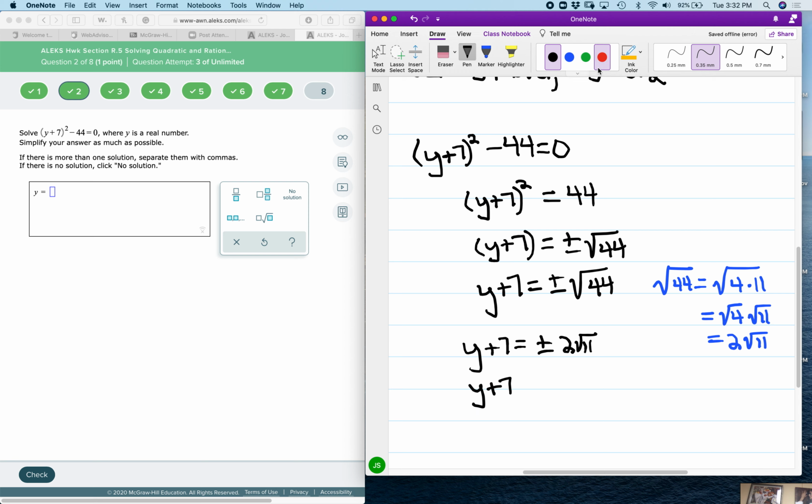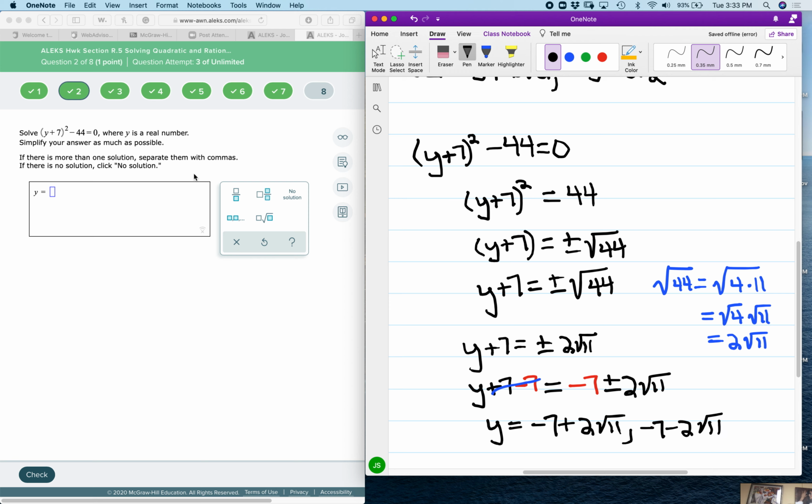So you have y plus 7, and subtracting 7 and placing it on the other side, I will have this position in front of the radicals. And so for y, we have 2 solutions. One is -7 plus 2 times the square root of 11, and also we have -7 minus 2 times the square root of 11.